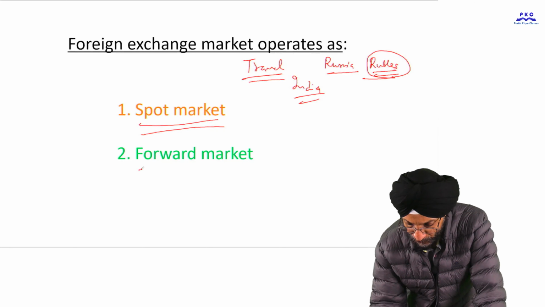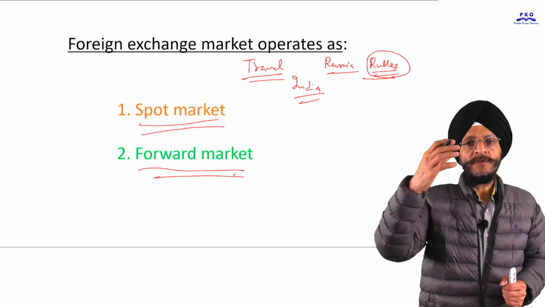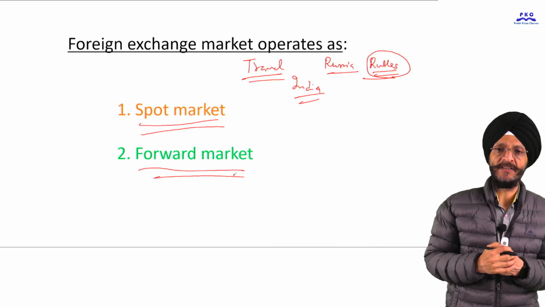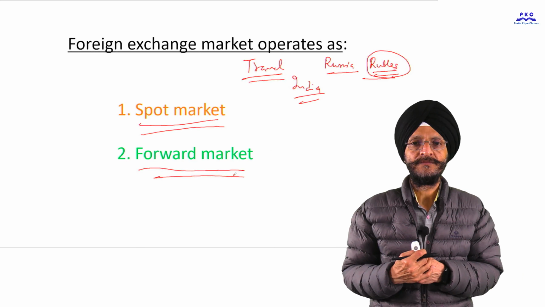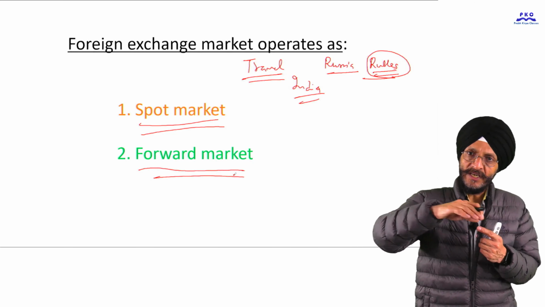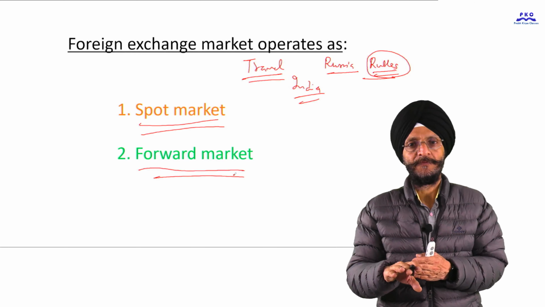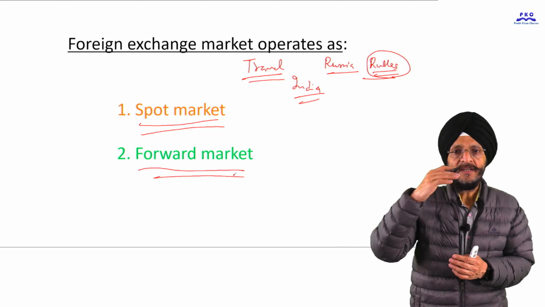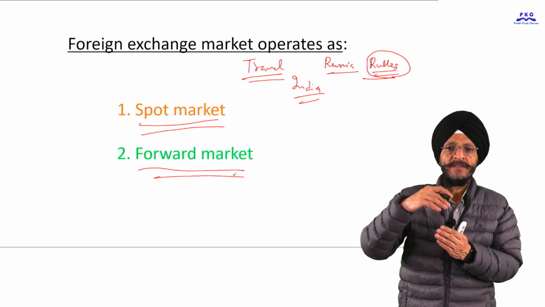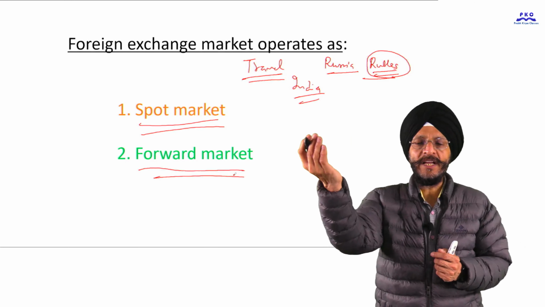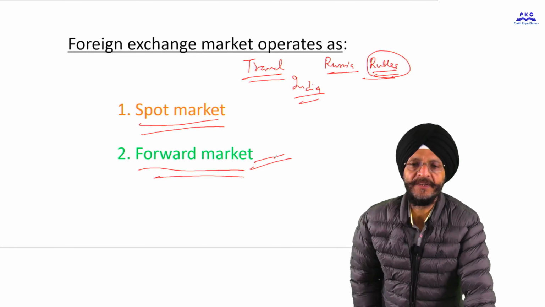But if the delivery of foreign currency is not required immediately, and we want foreign currency at some future date, though the exchange rate will be determined at present, so when the time of delivery is in the future, we will enter into the forward market.